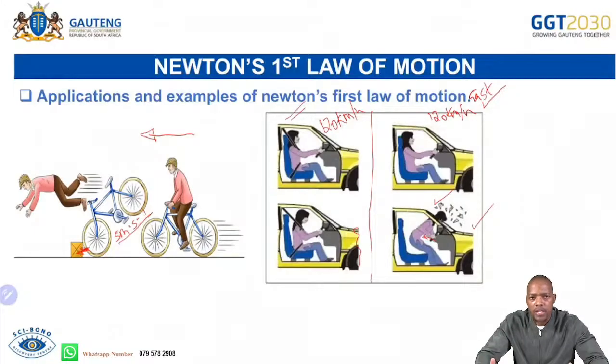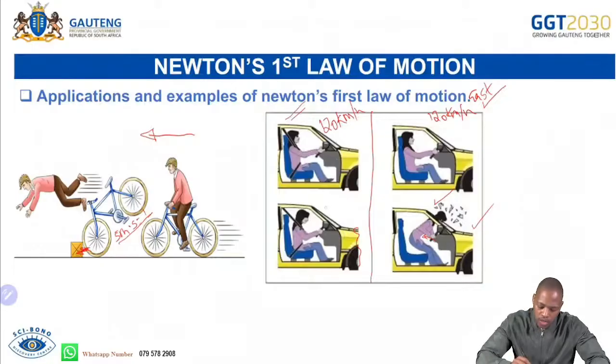So in this case, instead of the dashboard, the steering wheel, or the windshield acting as a net force, the seatbelt will come in and act as a net force before she can get to things that could be potentially harmful to her. So seatbelts become important, and they were formed because of Newton's first law.